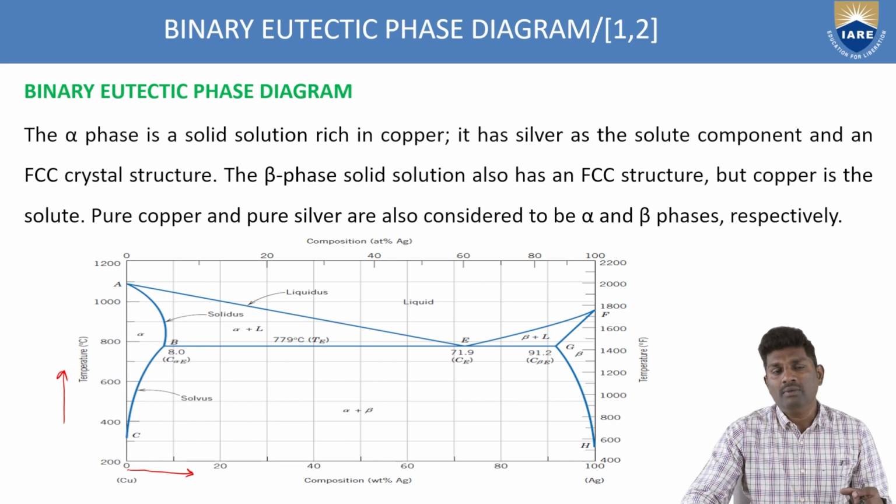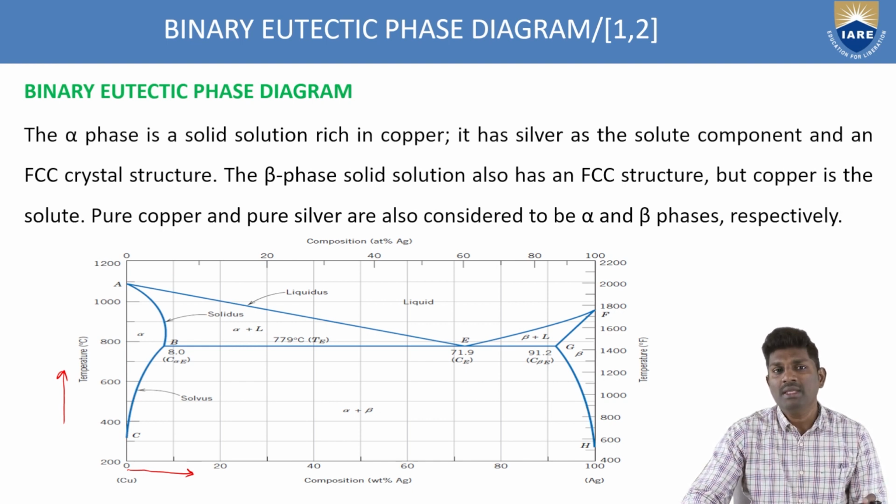Again, what composition are we taking? Whichever point we identify, it should total 100%. As we have seen in the previous classes, the percentage of sugar and water at any point has to be 100.